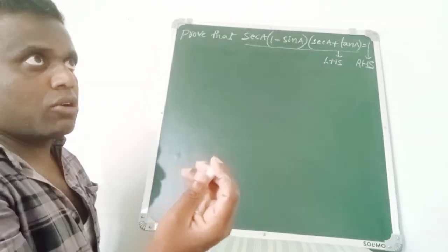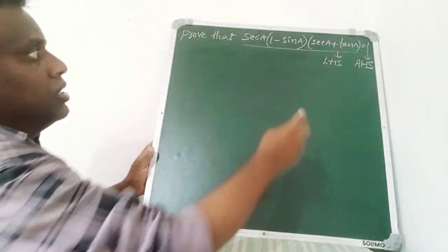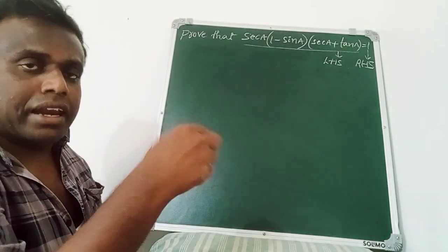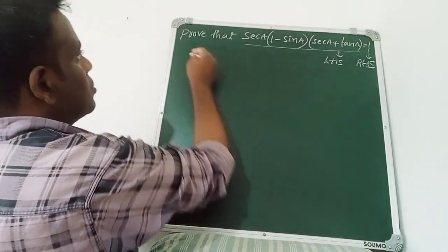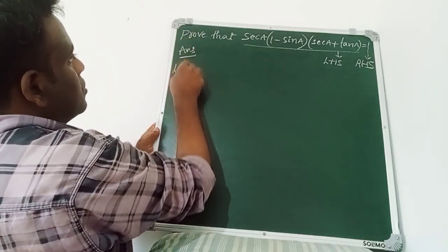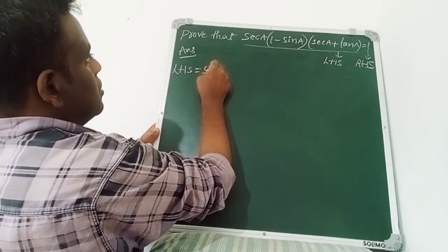So we get an idea that we have to take LHS and then we can prove LHS is equal to RHS. So first consider LHS. I will write LHS first. So LHS is equal to this entire thing you write.